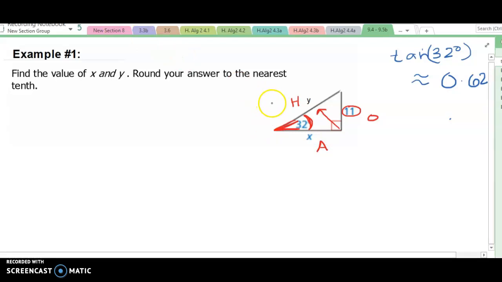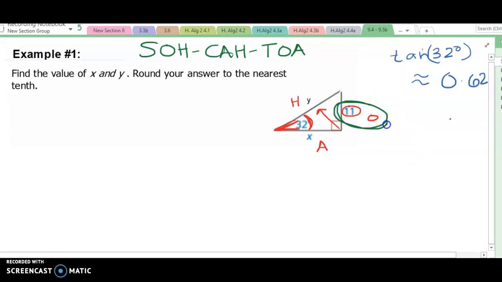Now I'm just going to write SOHCAHTOA up here. So I have my opposite side, and notice I have two trig functions that have opposite in them. Cosine, I don't need the opposite. If I wanted to solve, let's solve for x first.